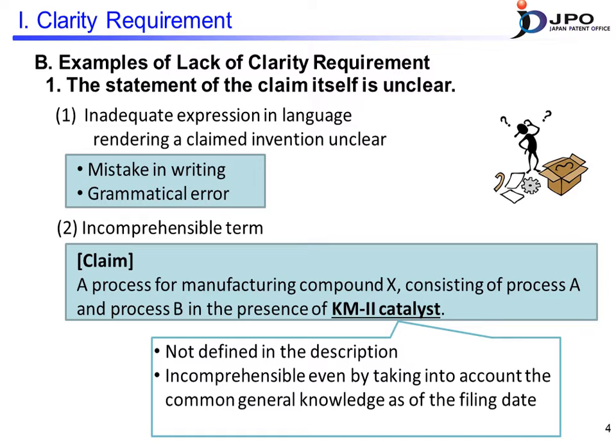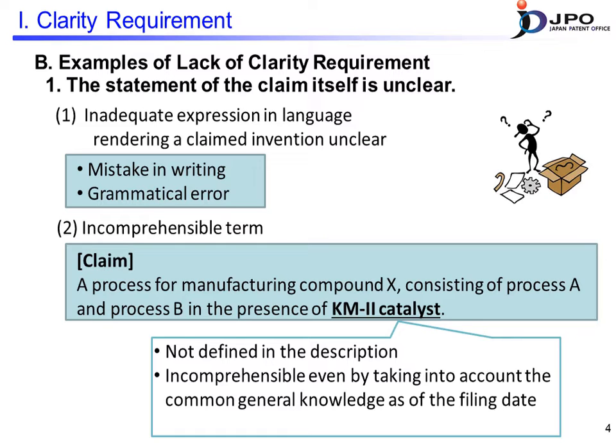Please look at example 2 in this slide. A process for manufacturing compound X consisting of process A and process B in the presence of Km2 catalyst. The term Km2 catalyst, as used here, is not defined in the description.